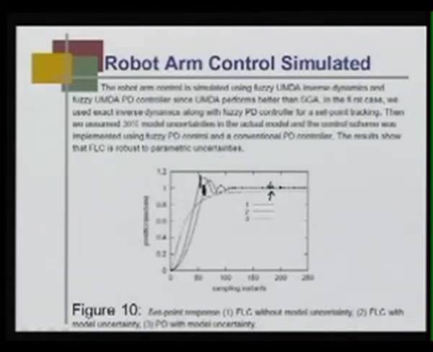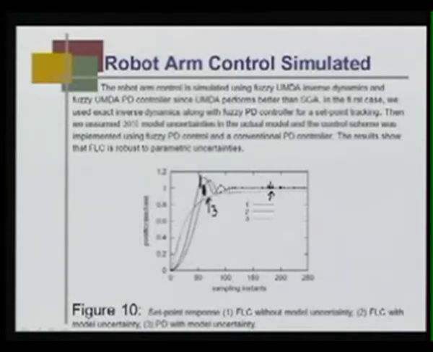So, the set point response of FLC without model uncertainty is the first one, and this is my third one. FLC with model uncertainties does very nicely, and PD with model uncertainties has some error.